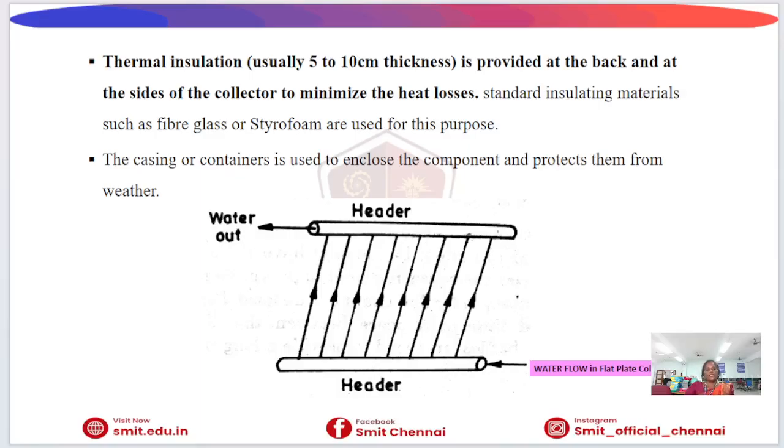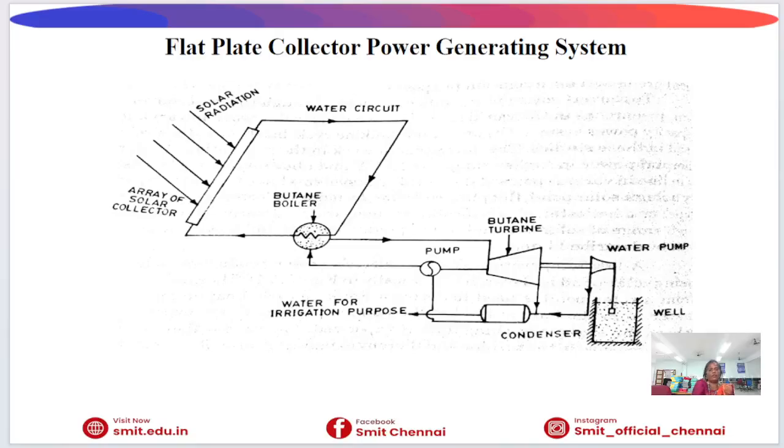The collector is also enclosed in a protective casing which protects the components from environmental conditions like rain, wind and dust. This insulation helps maintain efficiency by reducing heat losses.